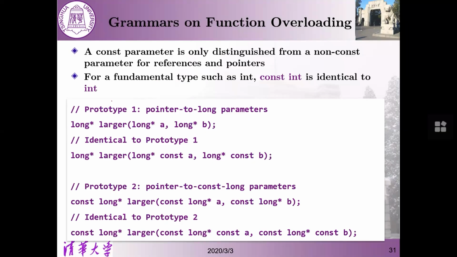And also, a const parameter is only distinguishable from a non-const parameter for references. The const reference, pointers. If we define const int and int, they are not differentiable. Right? So for fundamental types, const int and int are the same. So const pointer and pointer are different.